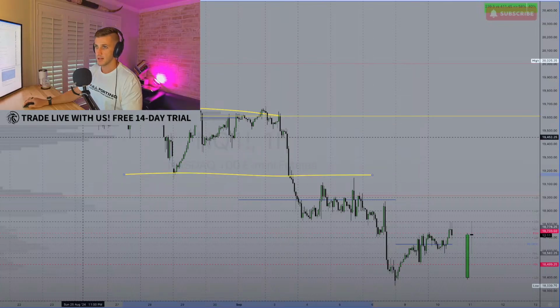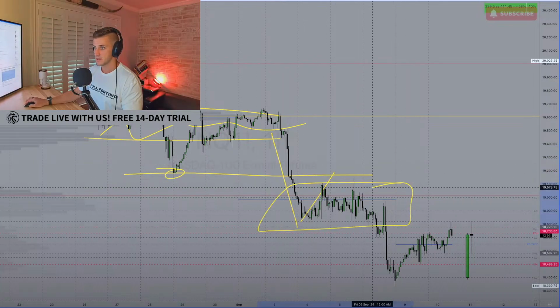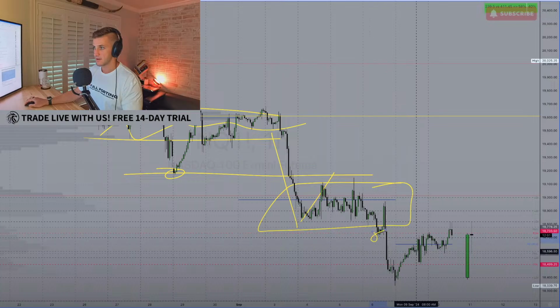All right, prior range, breakdown, retest of that prior low, new range develops, breakdown. Here's a retest, that prior area of support.